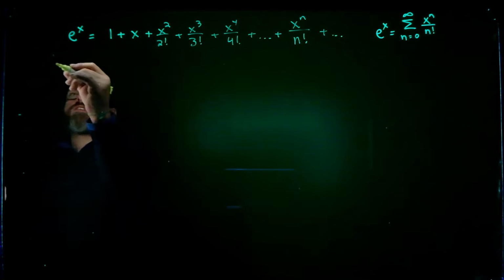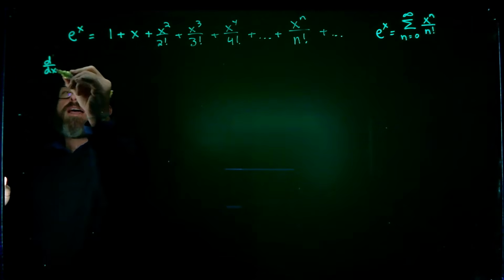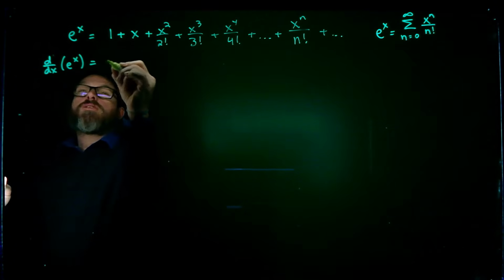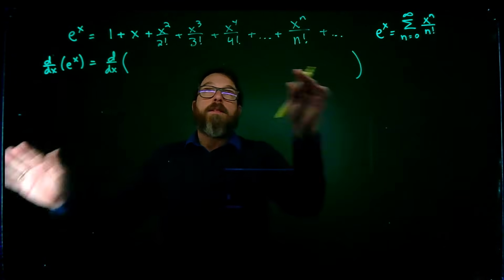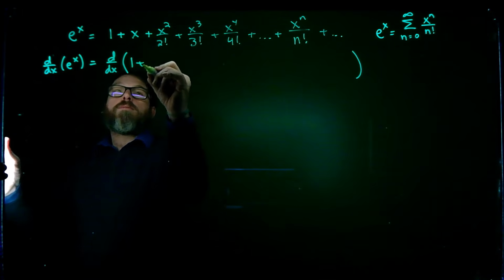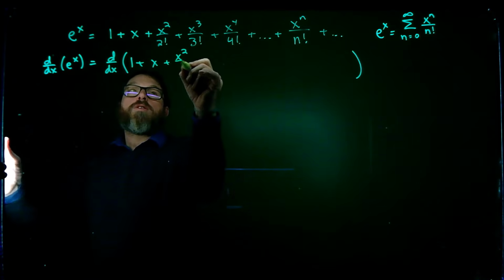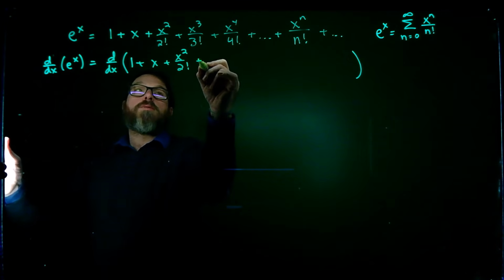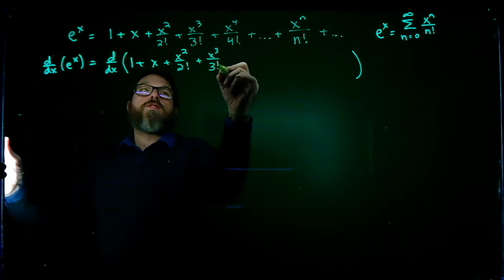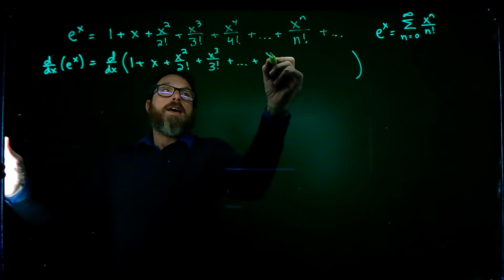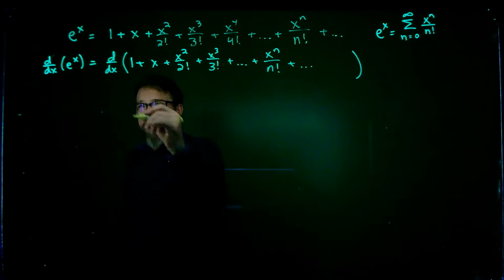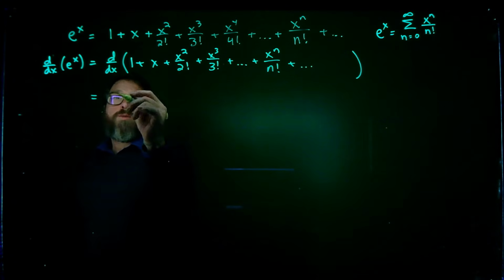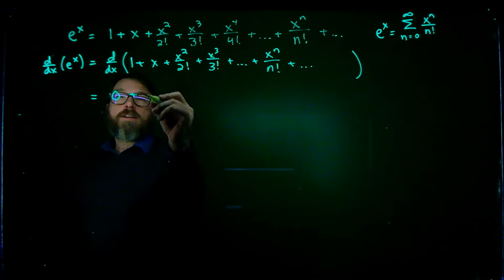So what we know is the derivative with respect to x of e to the x should be equal to the derivative with respect to x of this sum: 1 plus x plus x squared over 2 factorial plus x cubed over 3 factorial plus, and so on, x to the n over n factorial. So when I take this derivative, the derivative of 1 is going to be 0. The derivative of x is going to be equal to 1.